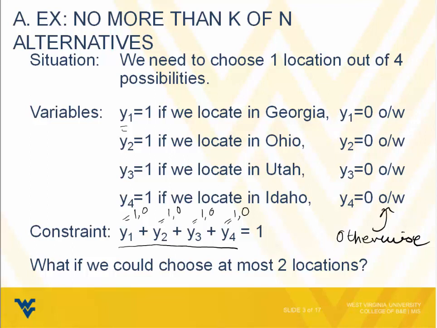Now, what if we could choose at most 2 locations? How would we formulate that condition? Okay, so we say the sum of all yi's from 1 to 4 is equal to 2. Is that right?